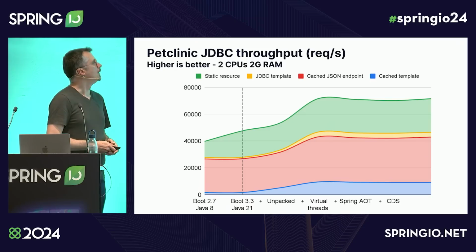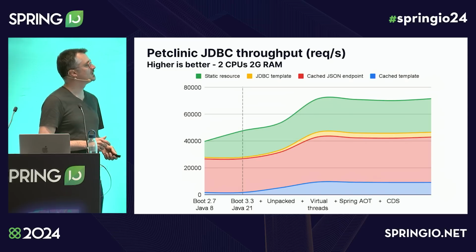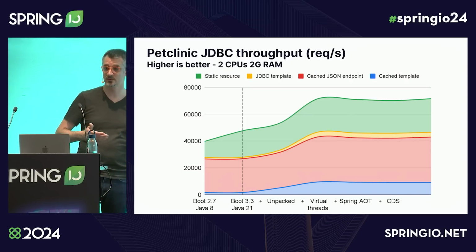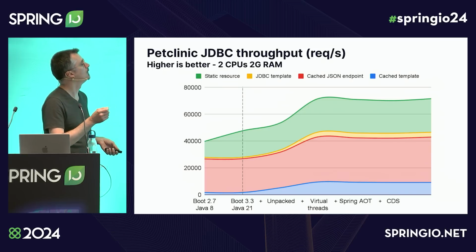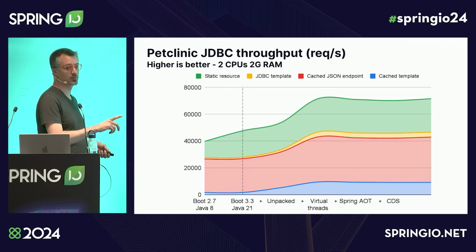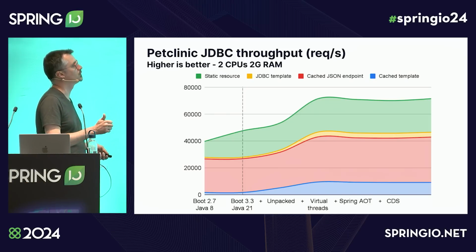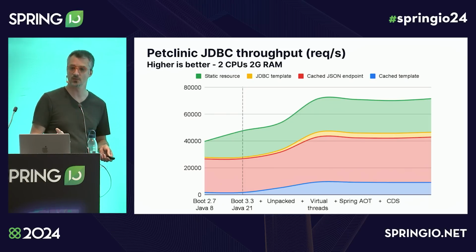For the measurements I did with Spring Petclinic JDBC, I have tried to measure various kinds of endpoints, because that can depend. We are measuring the throughput on static resources, just a file that is on the class path. We are measuring the throughput for a JDBC template without any caching involved.